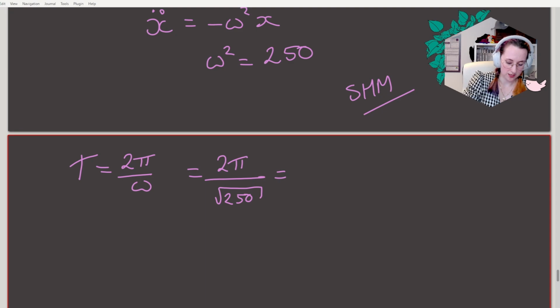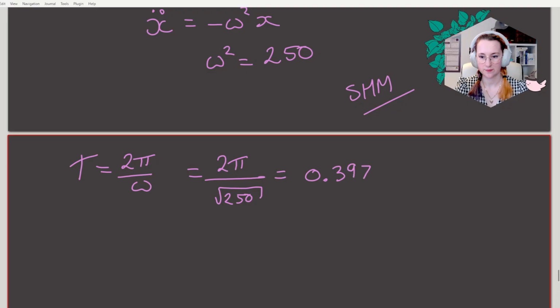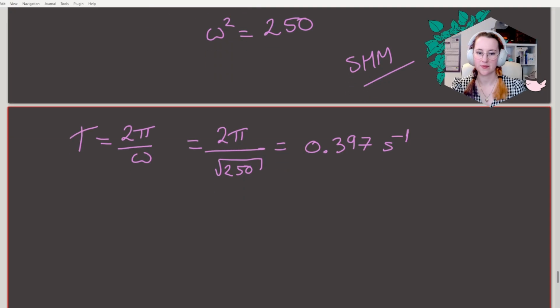So we can use a calculator. 2 pi over square root 250, which is 0.397 even. And that's seconds, as a time. Delightful. So that's our part B.